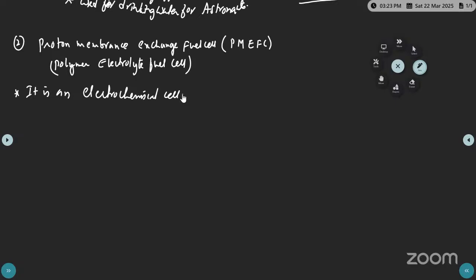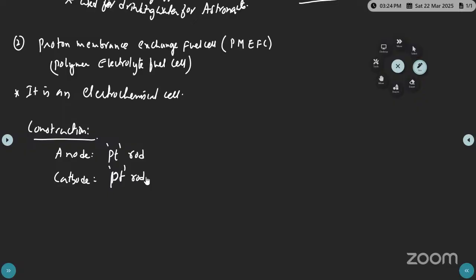Then construction of the cell: platinum rod is used as anode, and the cathode is also a platinum rod only.